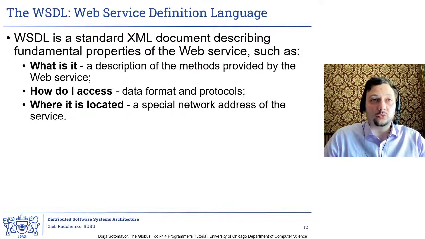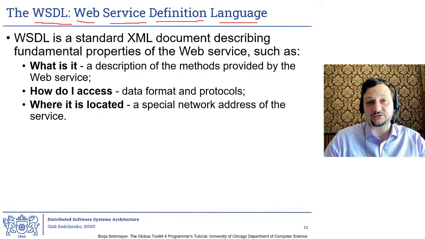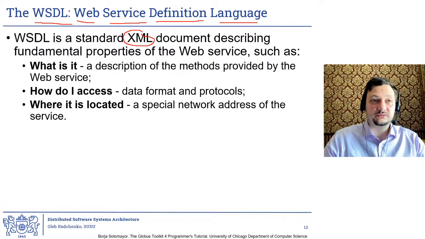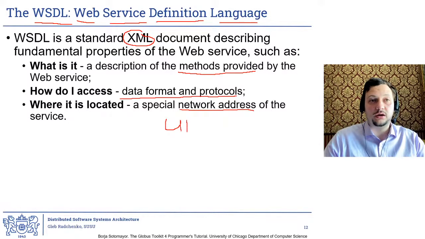So what are the basic protocols? First, this is WSDL, Web Service Definition Language. It is a standard XML document describing the fundamental properties of each web service, such as what the web service is, what methods it provides, how to access it, including data formats and protocols of communication, and where the web service is located, its network address or URI, Uniform Resource Identifier.